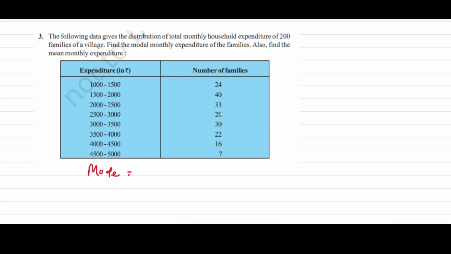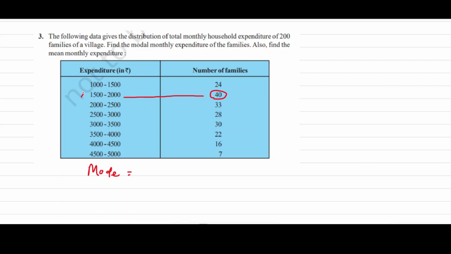First we should find out where the maximum frequency is. The maximum frequency is 40. This is the biggest number. So the modal class of this is 1500 to 2000.